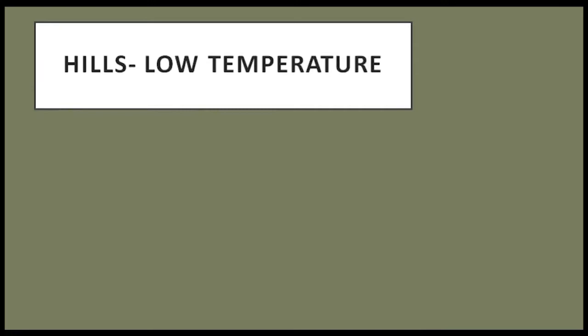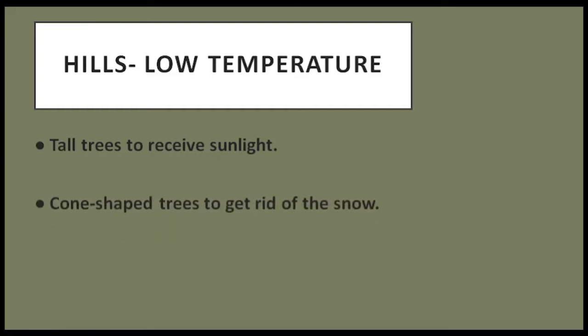Next come the hills. Whenever it's very hot, people go to hills. Why? Because it is cold over there. Why is it cold? Because the temperature is low. So what are the features of the plants found there? They are tall trees to receive sunlight.